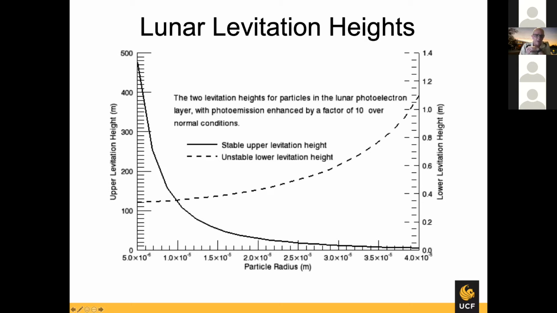For the solid curve, there's an unstable lower levitation height, which is only about a meter or so. This is for tiny particles, and in this particular example, I enhanced the photo emission by a factor of 10 to make something happen at all.